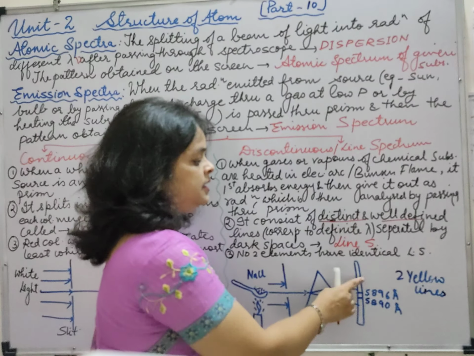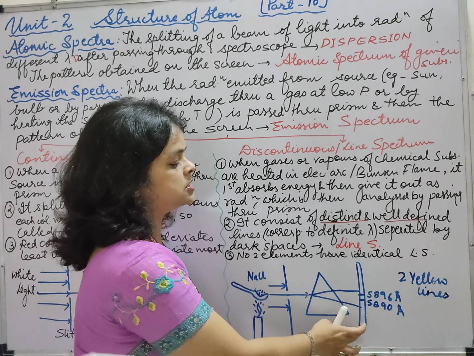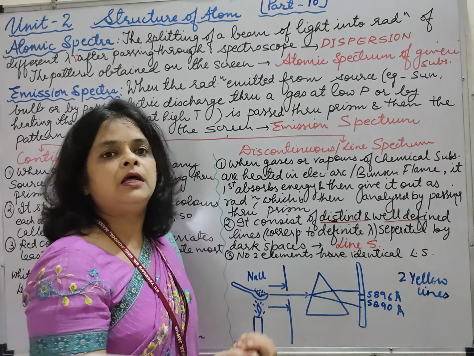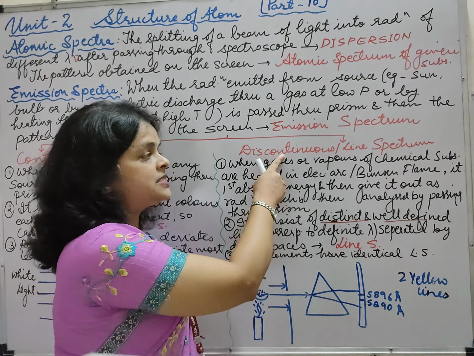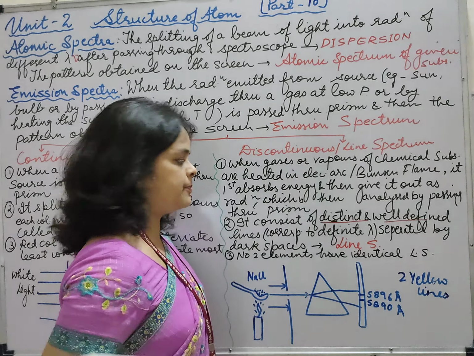So you will get definite well defined colored lines in the emission spectrum, that is called line spectrum. So इसी वजह से इसका नाम क्या है, line spectrum, because you are getting well defined lines और discontinuous है, इसलिए हम इसका नाम दे रहे हैं this is the discontinuous spectrum.